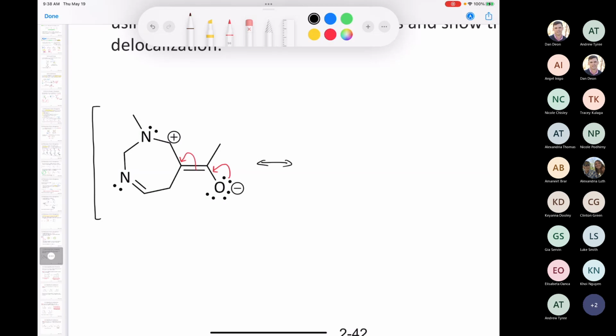And so let's draw what we end up with. And this is a 7-membered ring. Mr. Dion is not God's gift to drawing 7-membered rings. But anyhow, it looks something like this.